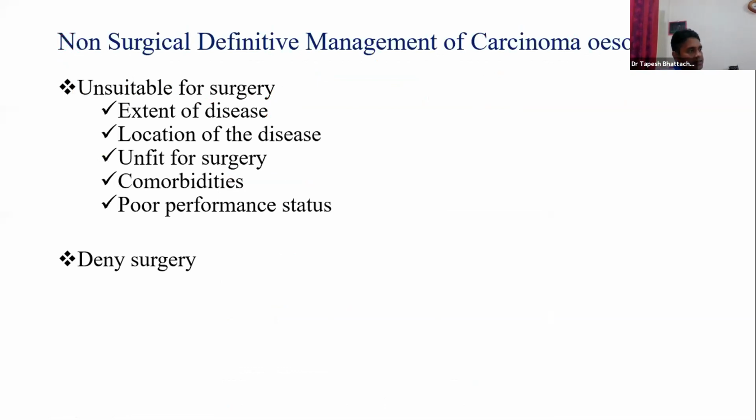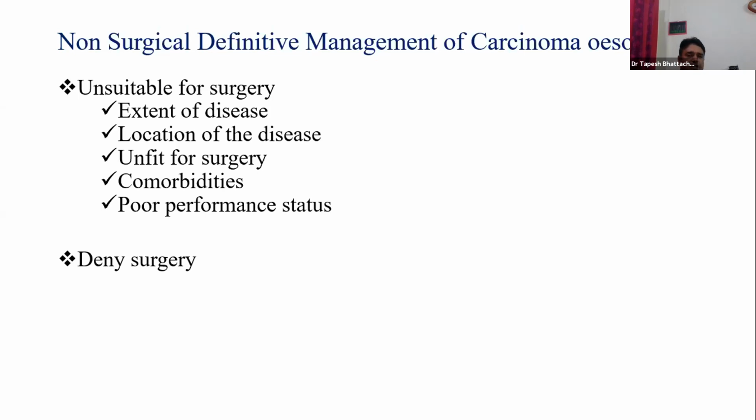So we have discussed the pre-op chemotherapy in esophageal cancers, the role of pre-op chemoradiation, the role of radiation, and now we will talk about non-surgical definitive management of carcinoma esophagus. Where do we follow that?